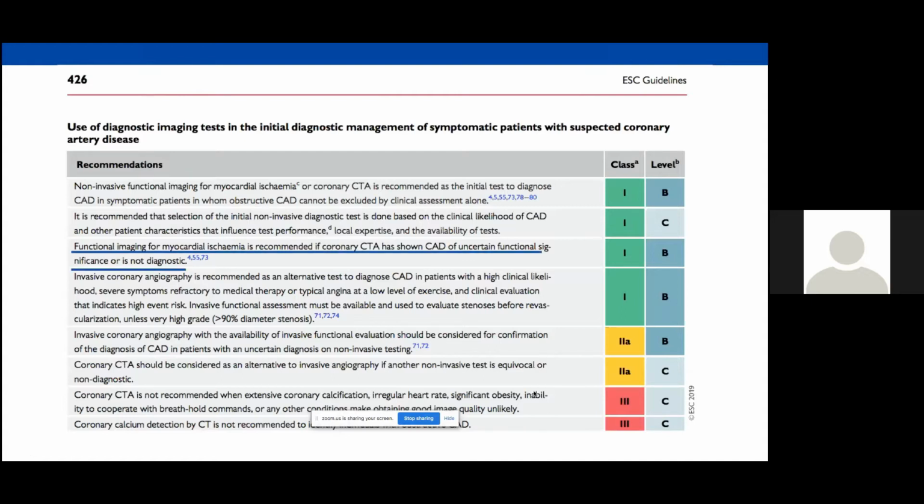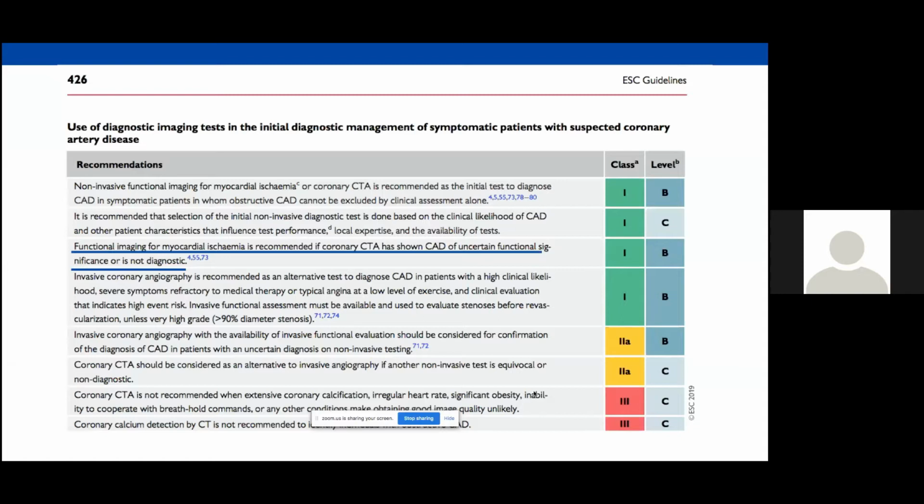Another one of the widely used tests that people normally deploy to investigate chest pain is the coronary CT, but it is worth noting that in many cases, when CT interrogates the stenosis, it cannot ascertain the functional significance of the stenosis.